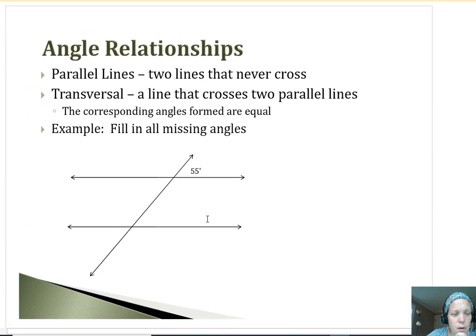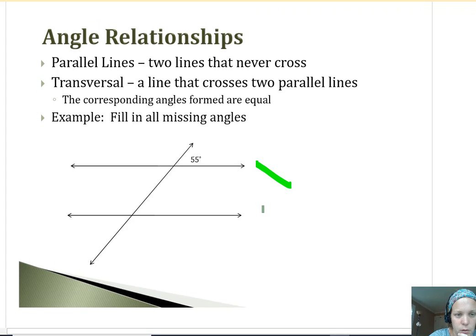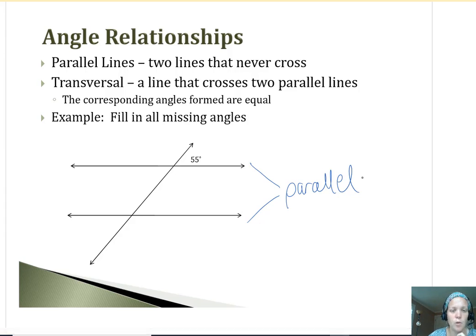Going a step further, if I have parallel lines, these two are parallel, meaning that they never intersect. They're both exactly horizontal in this case. But anytime it's two parallel lines and you have a line that cuts through those, it's called a transversal.